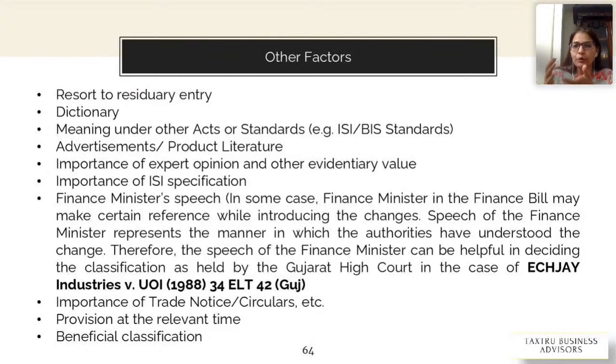So what the provision was at that particular relevant time also has to be taken care of. Then beneficial classification: in case you are able to classify your product in a lower tariff heading, that may also help you in deciding, again as per your description only, where you want to classify your product.